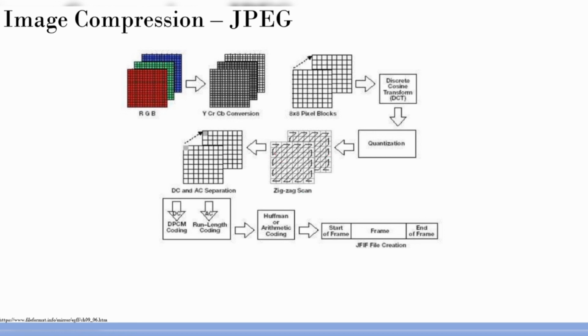Then, instead of a raster scan, instead of scanning the coefficients like this, we do a zigzag scan. There is a reason. Can somebody explain why we are doing it this way? It's very simple. If we go this way, we have a gradual increase in frequency, but after this there is a sudden jump to a low frequency.